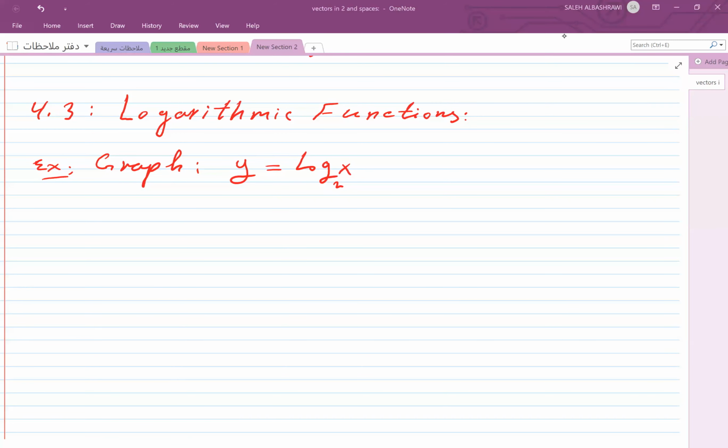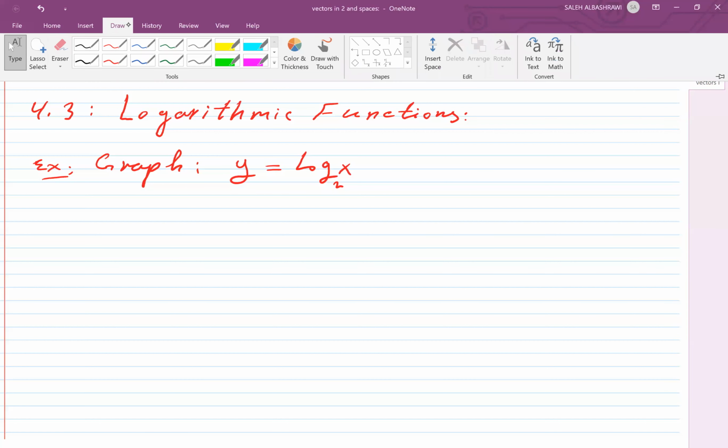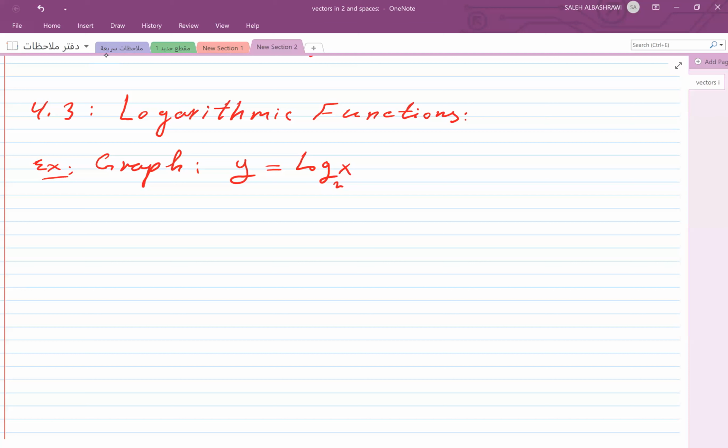Start with the basic example that we need to graph the function y equal to log x with base 2. The best and easiest way to graph this one is to convert the logarithmic form into exponential form.